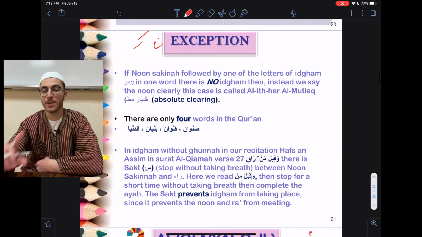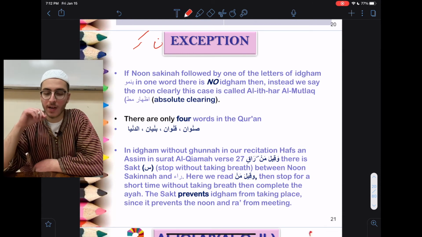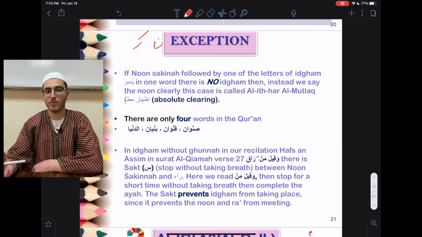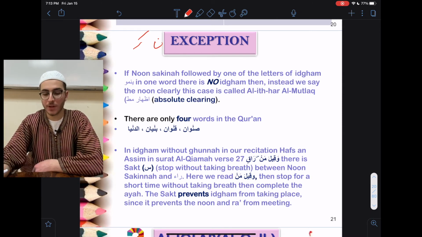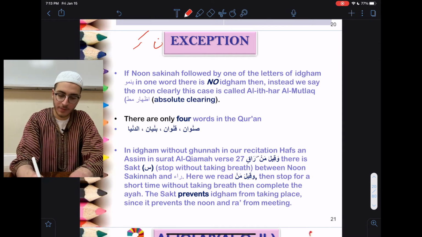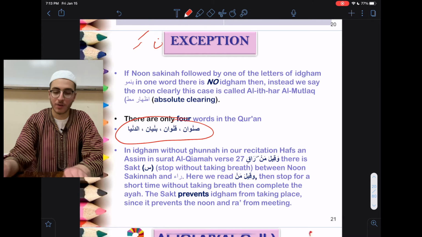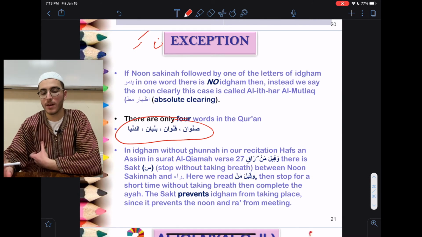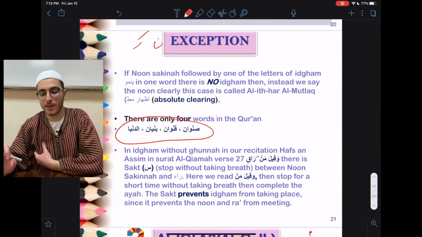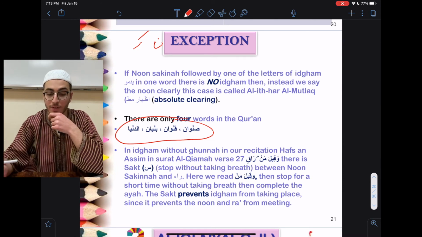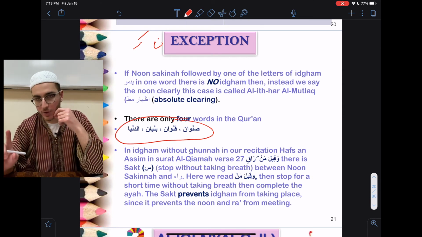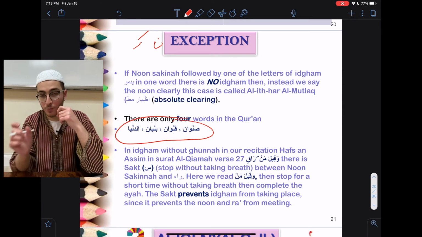And also, here's another interesting point. Can you have idgham in one word? Is there ever an example where you make idgham in one word? The answer is no, because if you look at these 4 words, these are the 4 words in the Quran. This rule is called Idhar al-Mutlaq. Al-Idhar al-Mutlaq is when there's only noon sakina followed by either waw or ya in one word.